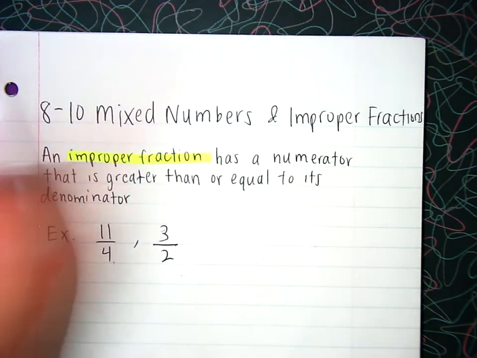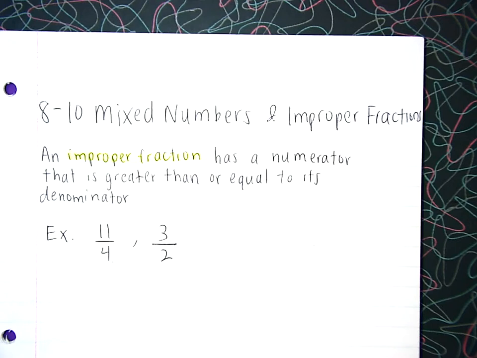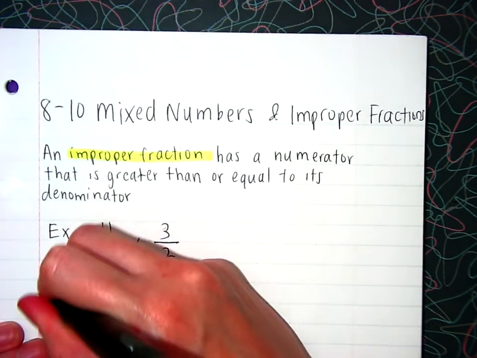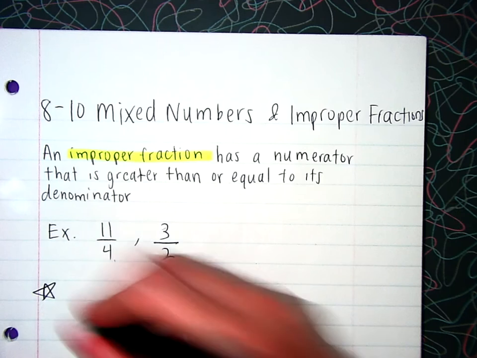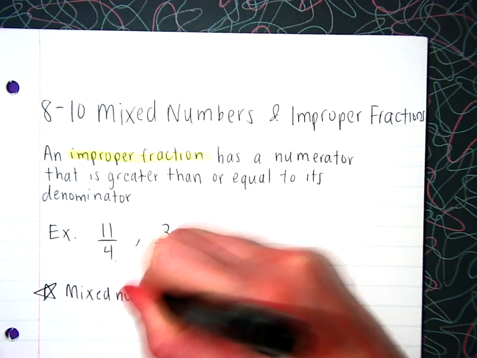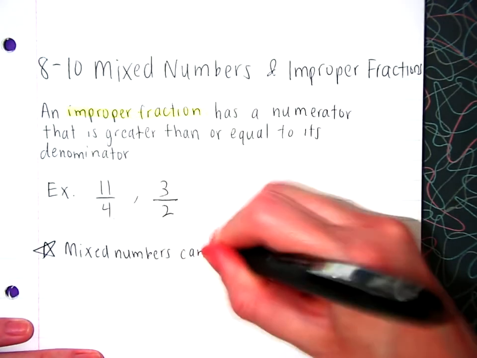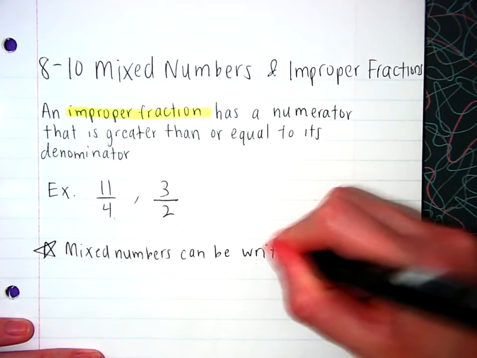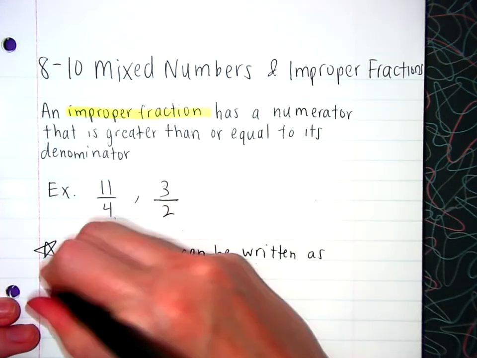Well, what is the relationship between a mixed number and an improper fraction? That's where the star comes in for today's lesson. The reason we're talking about mixed numbers and improper fractions together is because mixed numbers can be written as improper fractions.